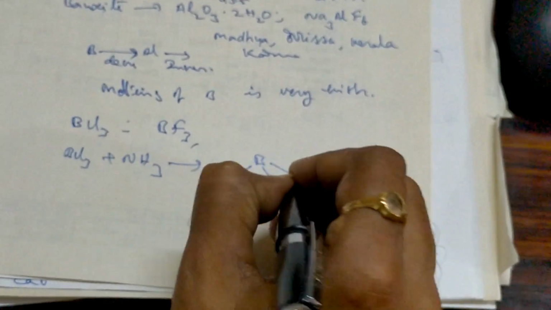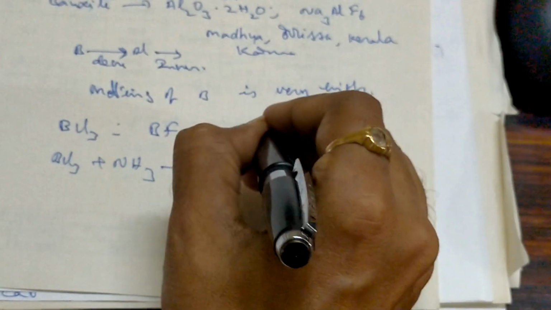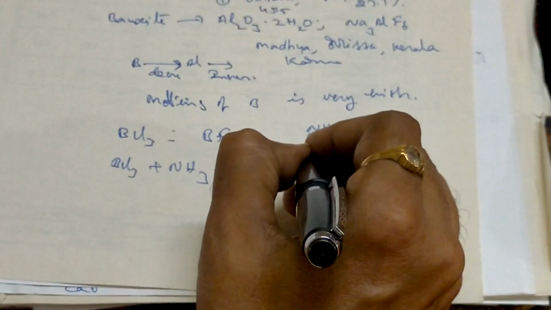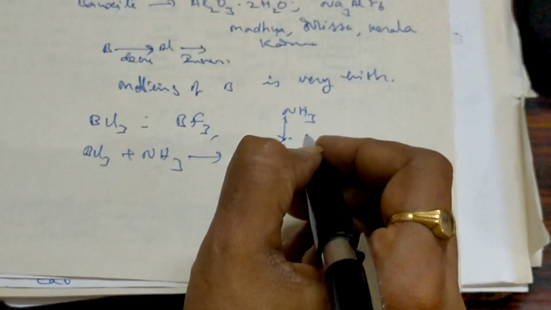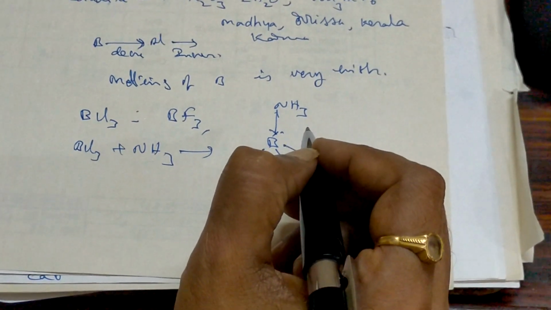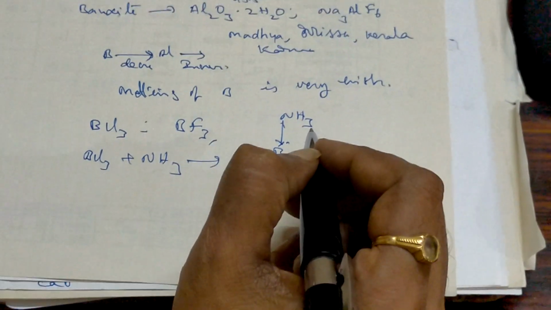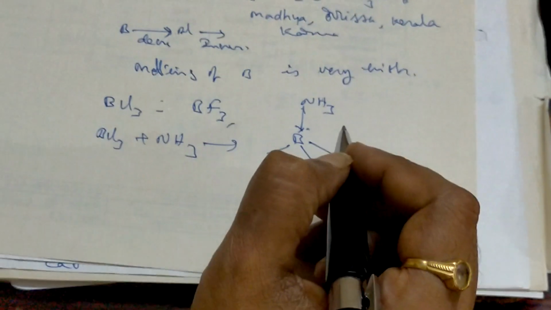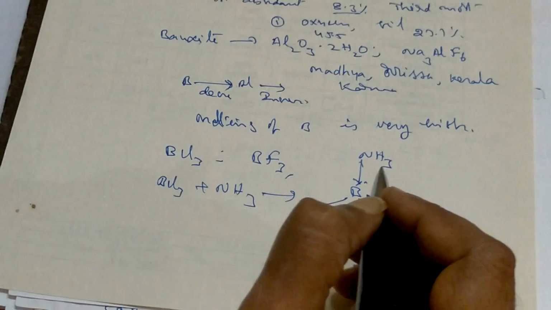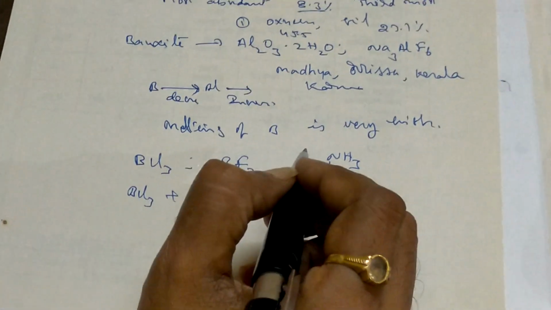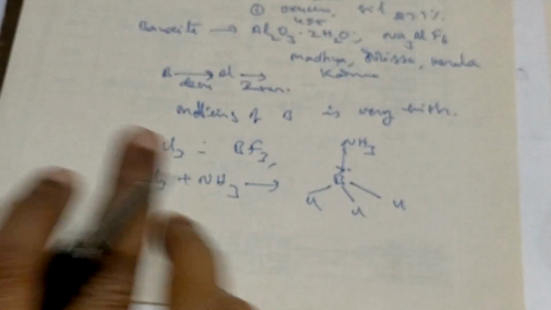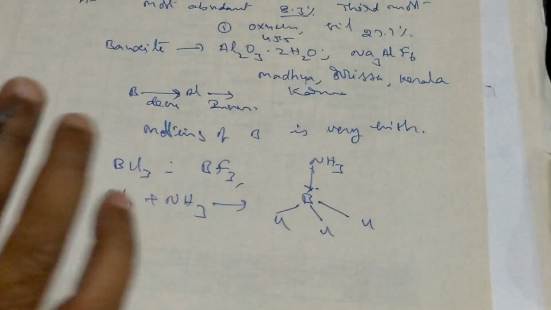BCl3 is planar, with three chlorines, and ammonia donates its lone pair to boron, so it becomes tetrahedral. Aluminum chloride, AlCl3, is also tetrahedral, but most of the time it forms a dimer. BCl3 accepts the lone pair of electrons from ammonia, giving the adduct, so BF3 is a Lewis acid. Remember, BF3 is a Lewis acid.